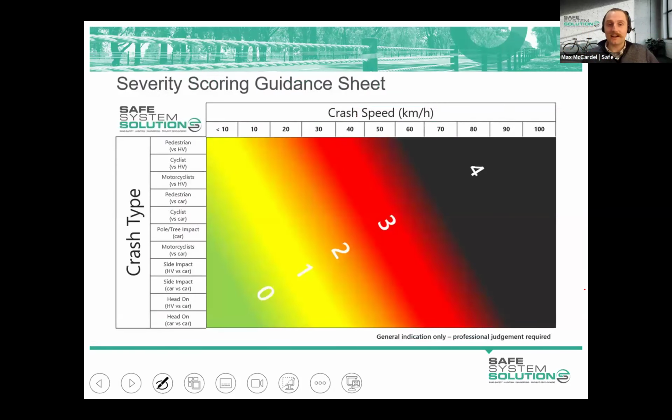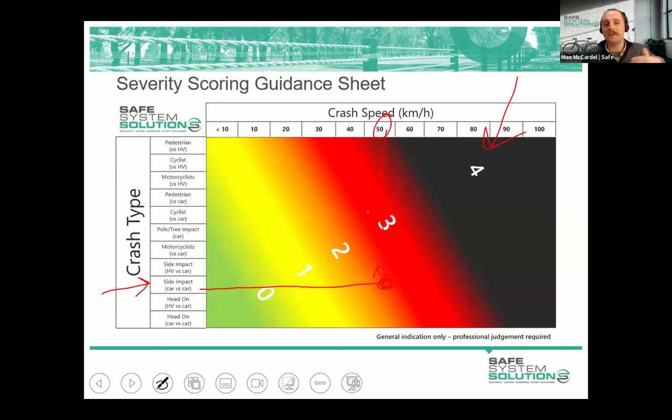As I spoke about at the start, this is very, very useful as you're just getting stuck into SSAs and the scoring, the severity. So let's say you're looking at an intersection and you've got a side impact collision that could occur and the speed environment is 50. You can see roughly that falls within the score of 3 category.